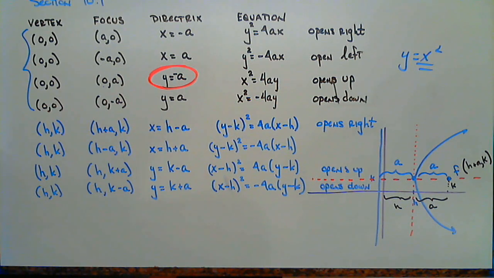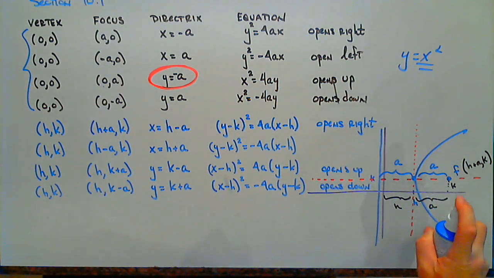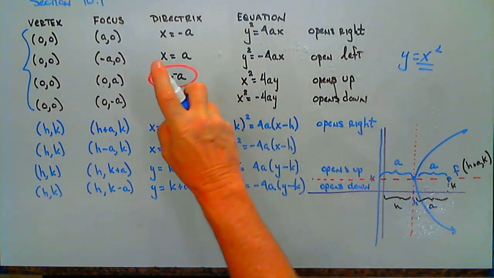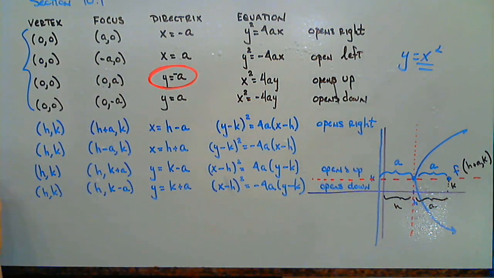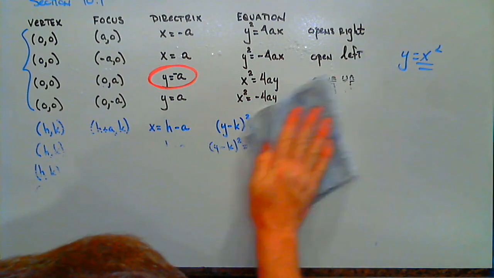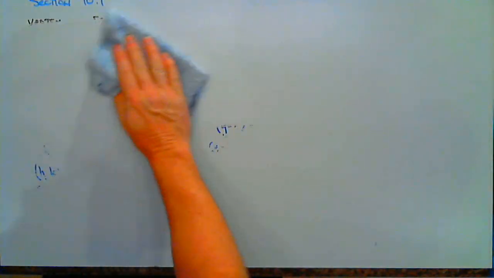Unfortunately, I'm going to have to erase this. Now you have it in your notes, so you're not going to be without it. You'll have it sitting there in your notes. You can take a look at it as we do a problem. So what's a typical homework problem going to look like?